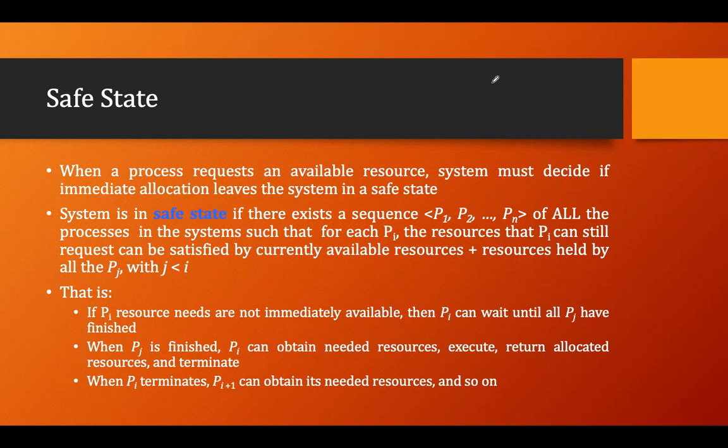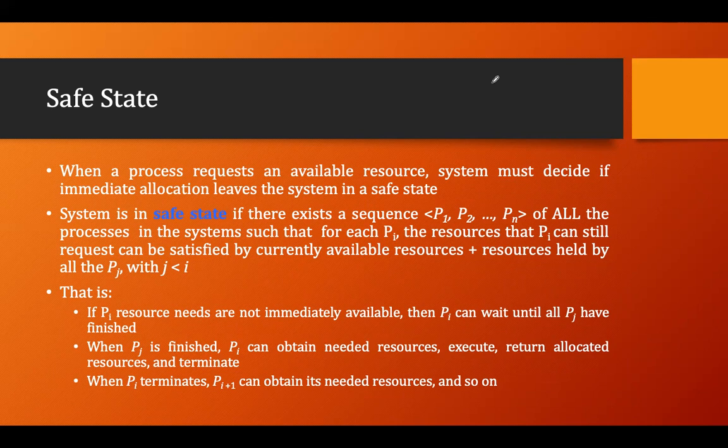But can we allocate that resource to that process immediately, or will we apply some algorithm so that after allocating the resource, my system will be in a safe state? So I have to check that before giving it. That is what happens in deadlock avoidance.